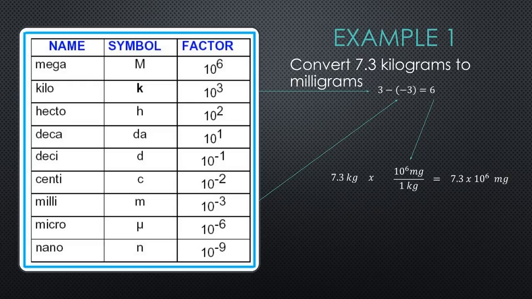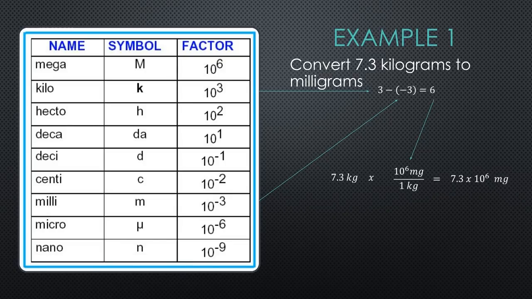There's a couple of things here, and this is going to be expanded upon next week in our next video. The big thing that goes into the next video is these conversion factors. 10 to the 6 milligrams over 1 kilogram is a 1. It's a giant 1.